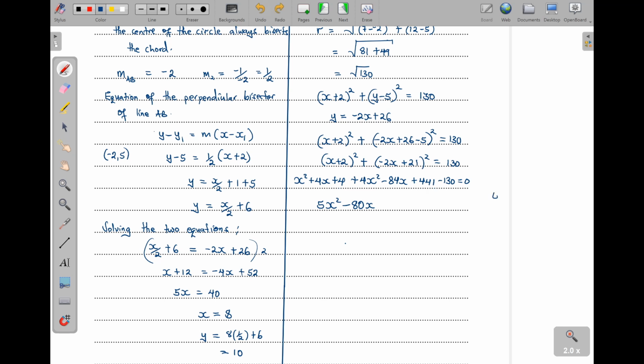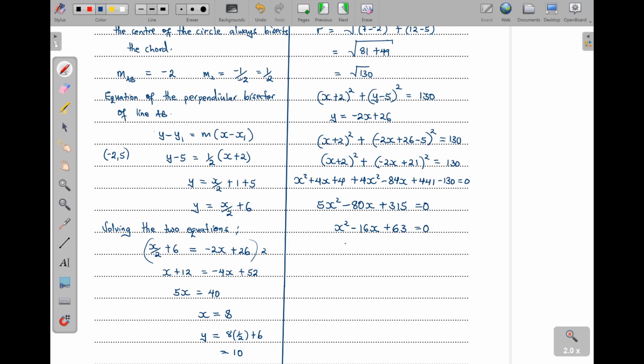Now 445, if we subtract 130, we shall get 315, which is equal to 0. Then I'm going to divide all through by 5 to simplify. This will be x squared minus 16x, and then 315 divided by 5, that will be 63. So plus 63, which is equal to 0.